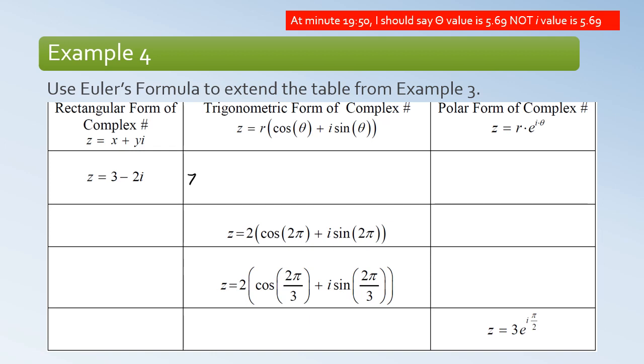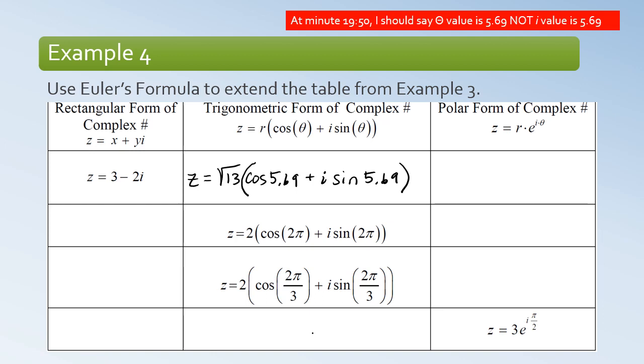For the trig form of z equals 3 minus 2i, I got z equals the square root of 13 times the cosine of 5.69 plus i times the sine of 5.69. Now before I go on to rows 2 and 3, let's just move over to the polar form.